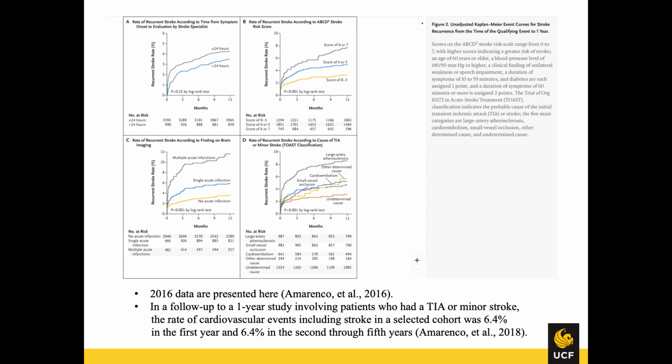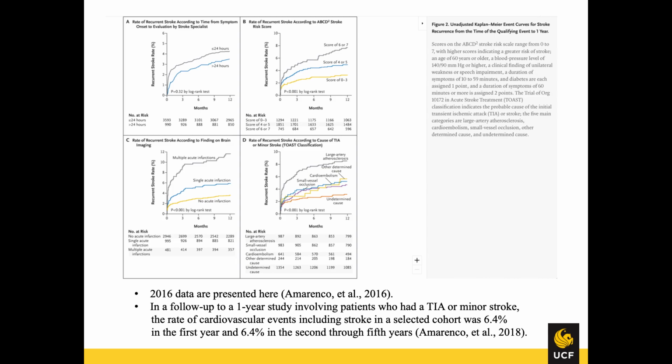So while in the past we've thought of TIA as being a major predictor of stroke in the next year or in the next several years, what we found is that by getting these people recognized early, getting them referred to neurology, getting them on a statin, getting them on an antiplatelet or other type of treatment, we were able to improve outcomes significantly. And the data are telling us that. This 2018 data are definitely reflecting that change.